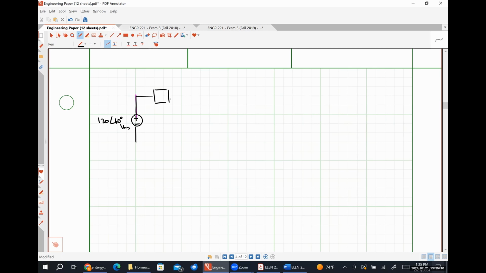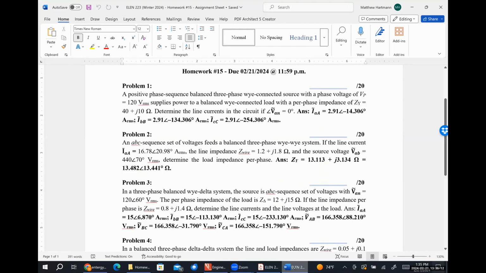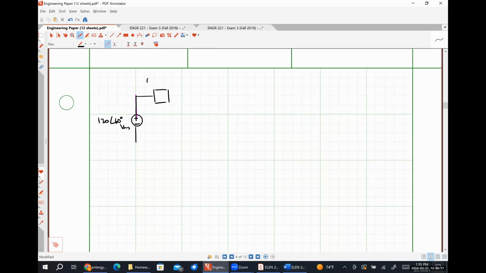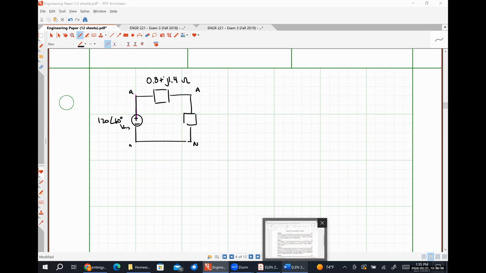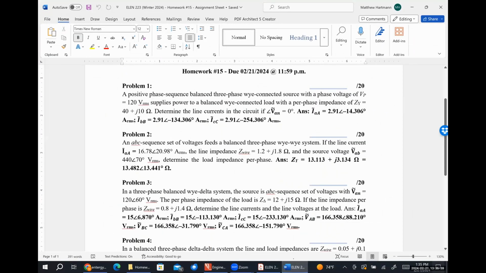This was 0.8 plus j1.4. Twelve plus j15 is going to look like 4 plus j5.